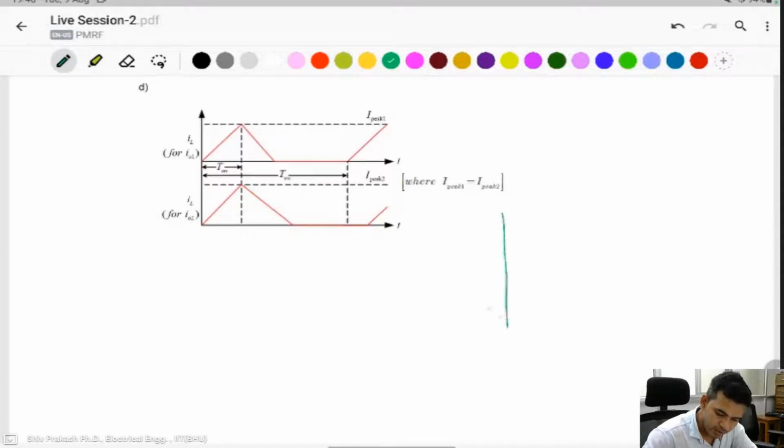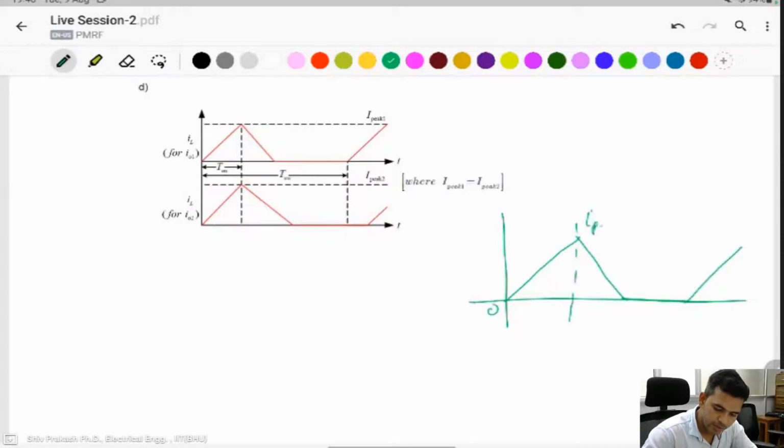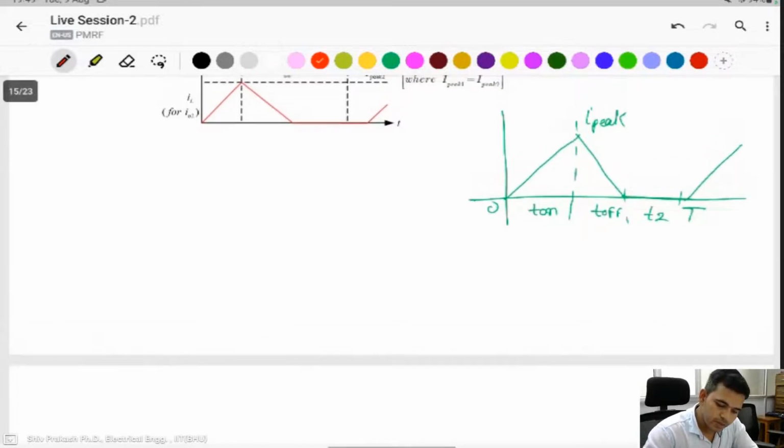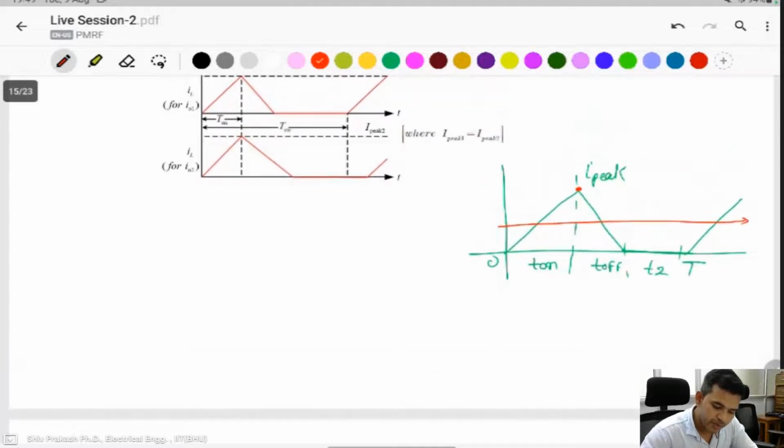The waveform is given like that. This one is I peak, this is T on, this one is T off, and we take this one as T. If this peak is fixed, it means that if you want to decrease the average current, then you should increase the off time period, or decrease the frequency.